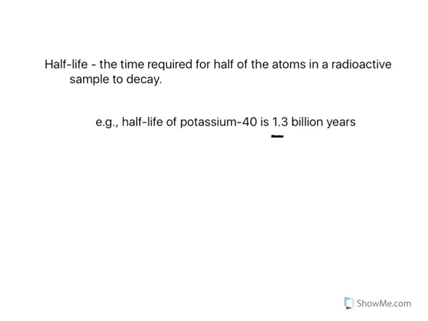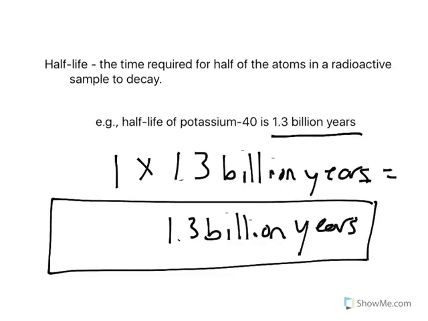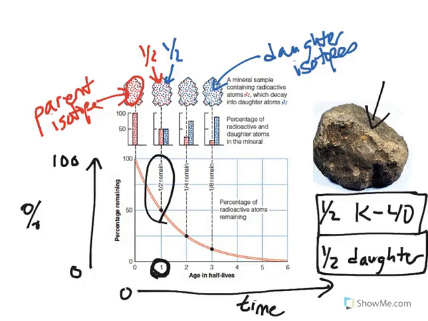And since we know the half-life of potassium is 1.3 billion years, then one half-life times 1.3 billion years is equal to 1.3 billion years. And that would be the age of the rock. You will conclude that the rock is 1.3 billion years old.